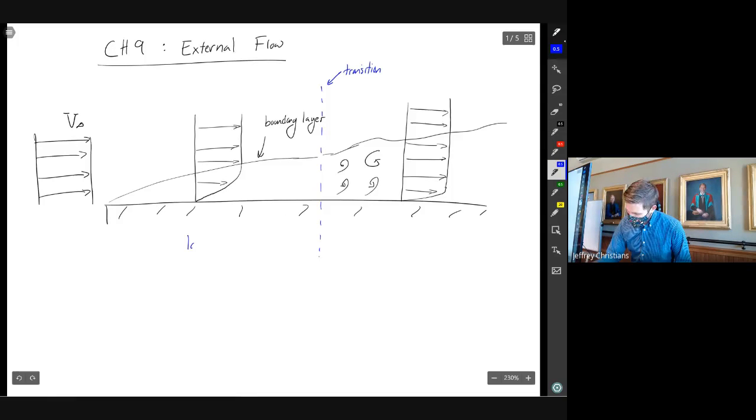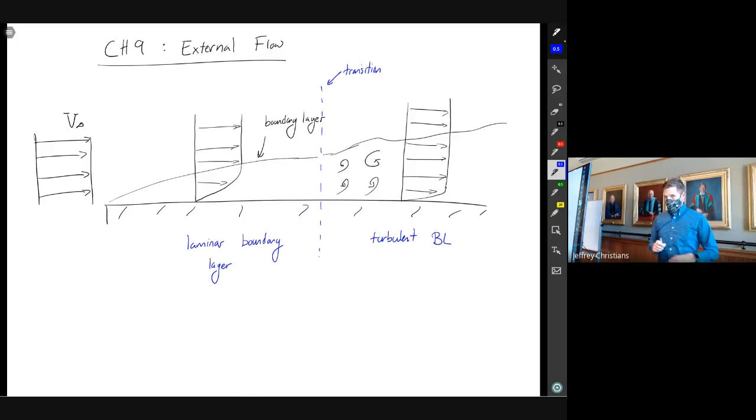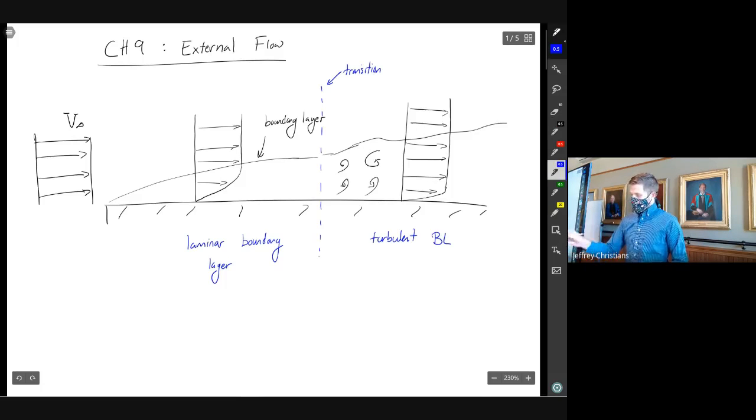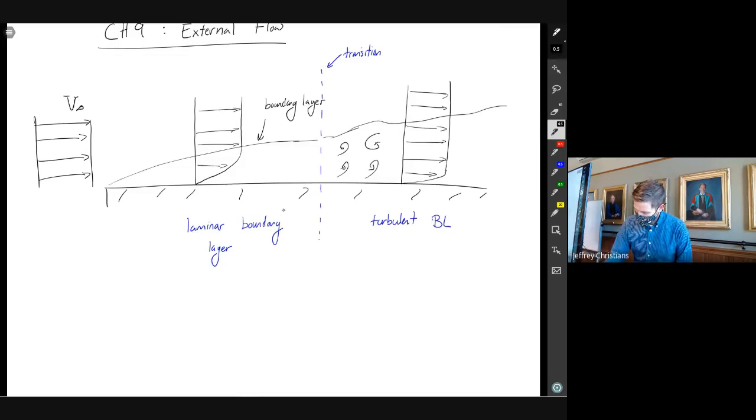We have over here our laminar boundary layer, and on this side we have a turbulent boundary layer. We'll abbreviate it as BL. So these are two separate regimes that we're going to think about. The physics that's happening in each is a little bit different. But before we dive into that, let's just start with a definition. So what do I mean when I say boundary layer?